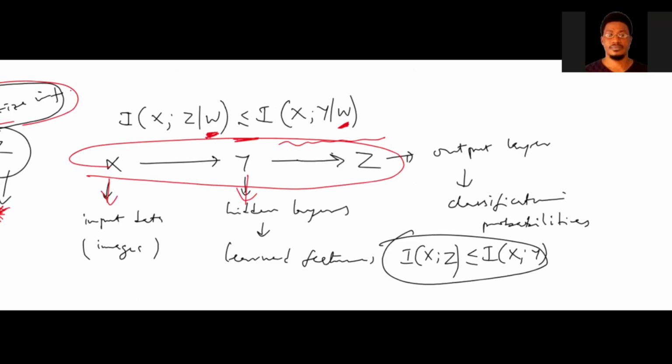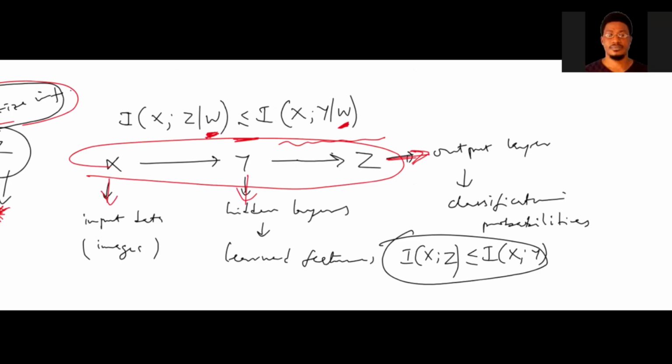Now let's go with the Markov chain description. So we have X transmitting to Y and then to Z. They form a Markov chain. Now this X could be your input data, where you have your images, for instance, or whatsoever it is.